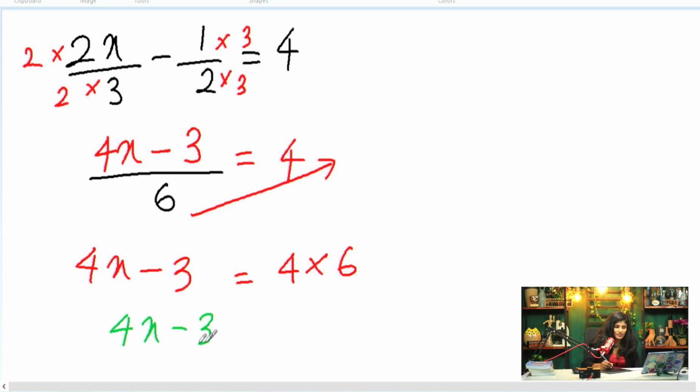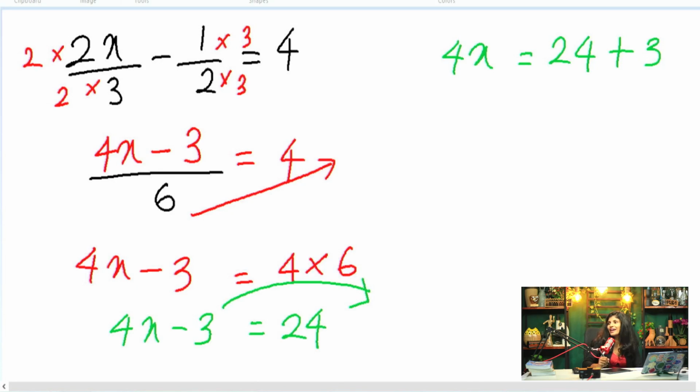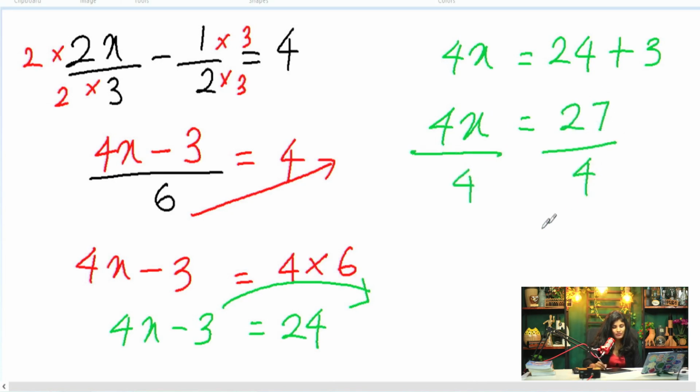4x minus 3 equals 6 times 4, 24. So, 4x equal to 24 plus 3. I have taken this minus 3 to the other side, then it will become positive 3. Okay, 4x is equal to 27. I will divide both the sides by 4 now.